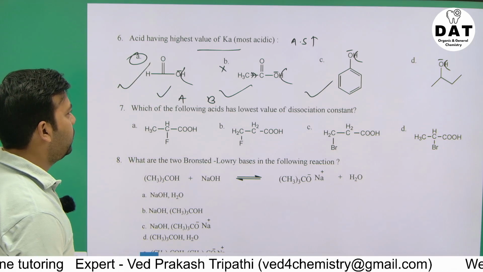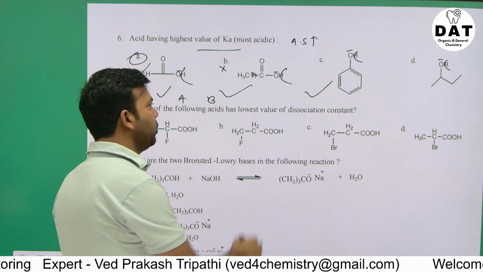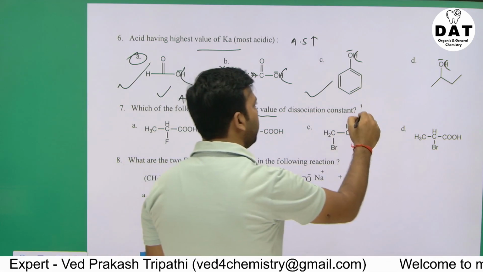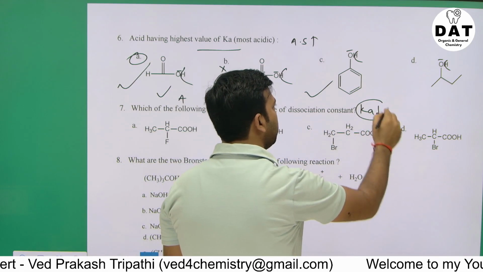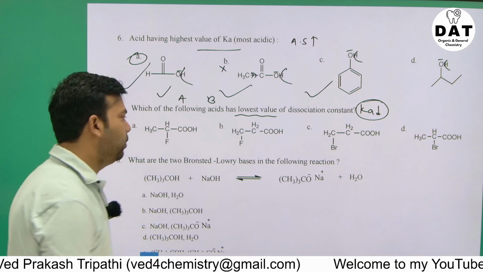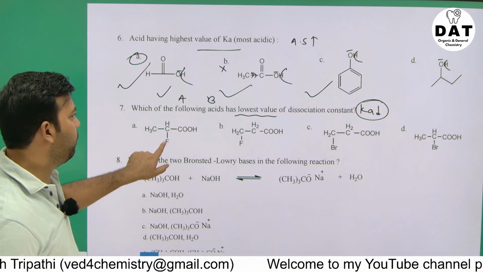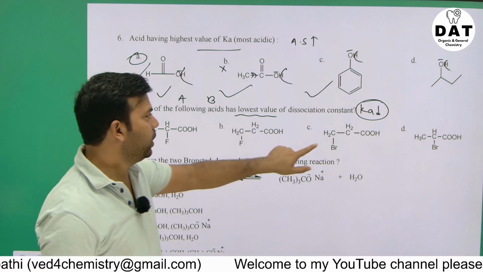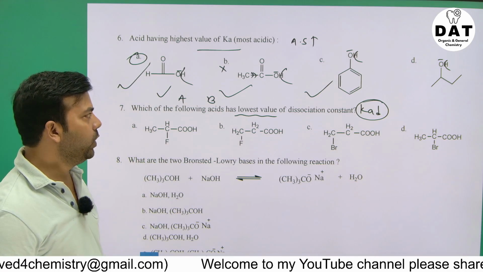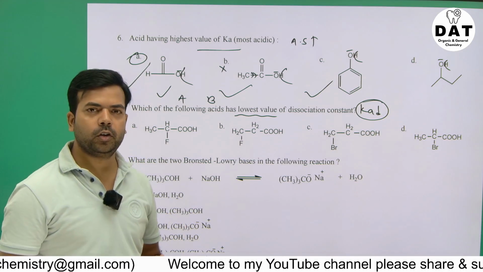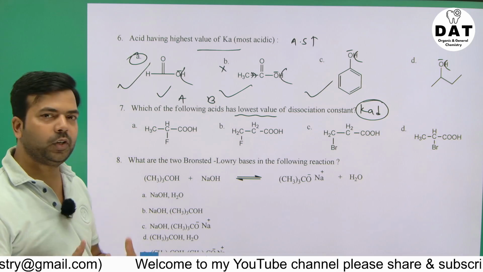Which of the following has the lowest value of dissociation constant? Lowest means low Ka. So Ka low. Here we have fluorine, and here bromine and bromine. We know that fluorine is a strong withdrawing group, but bromine is less withdrawing.